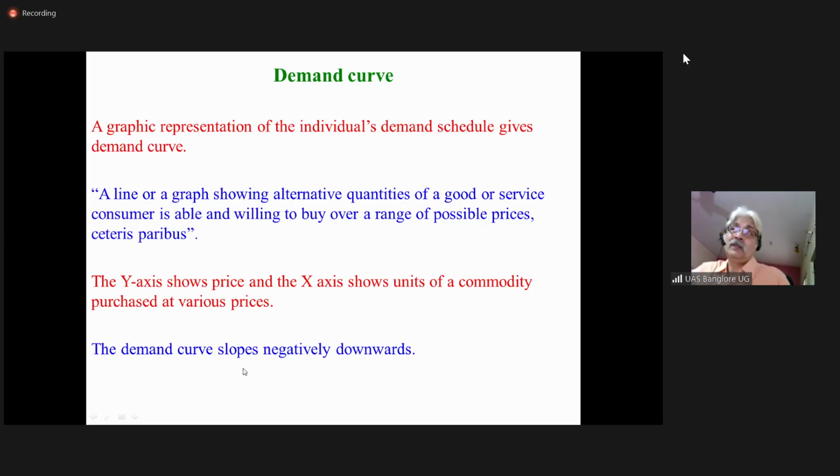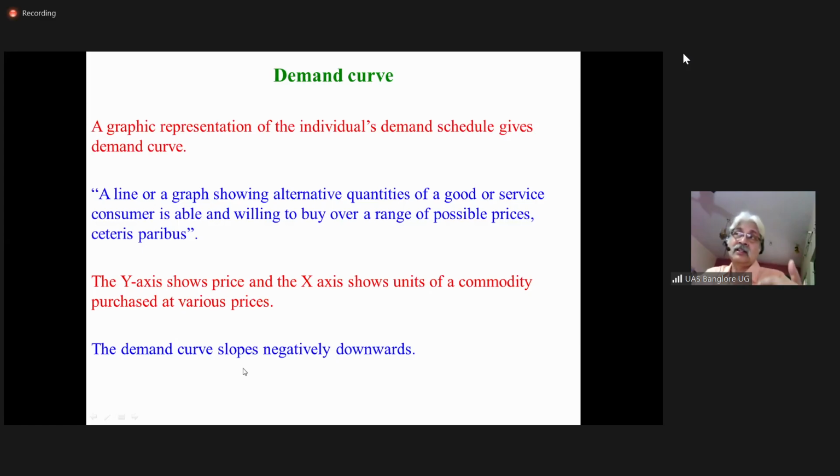In one of the previous classes, we had seen we can draw the demand curve using the marginal utility curve. As you consume more and more units of the same commodity, the additional satisfaction you get goes on decreasing.